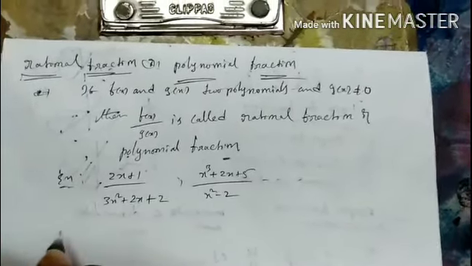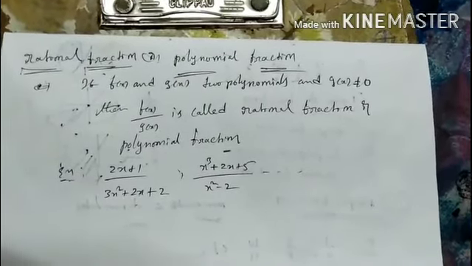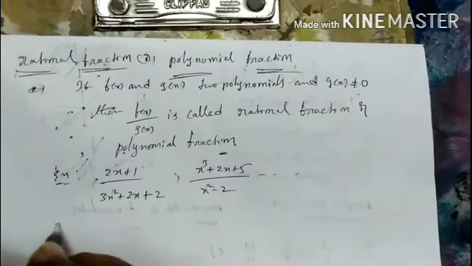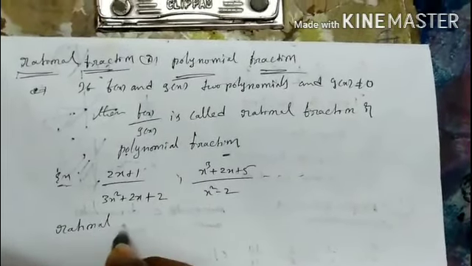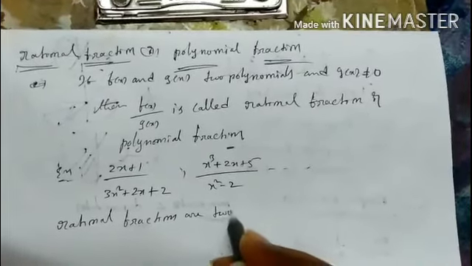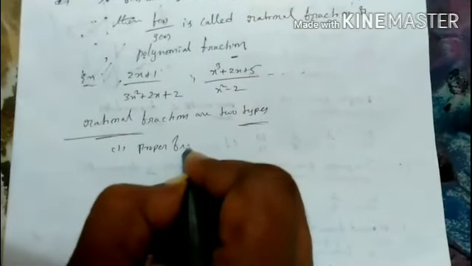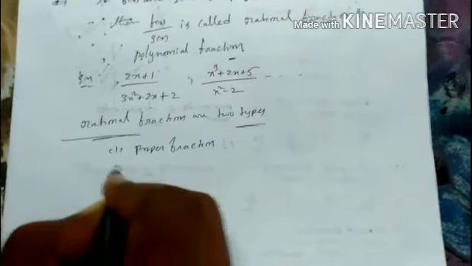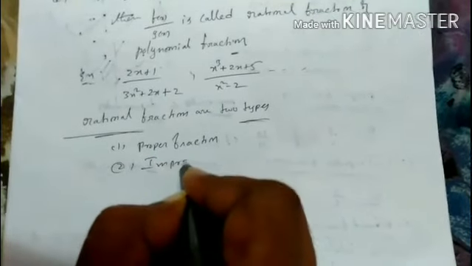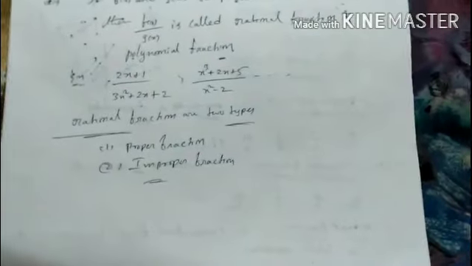Next, rational fractions are of two types. One is proper fraction, the second one is improper fraction.